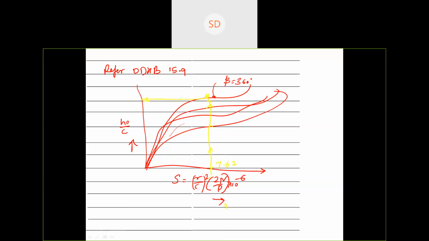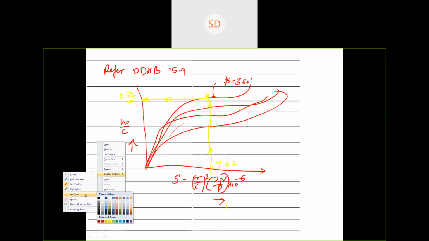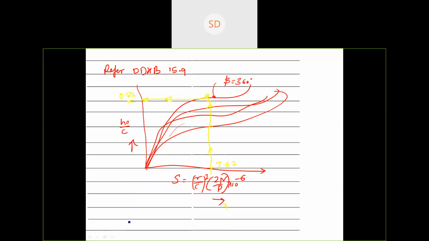Just take the value here. How much did you get? 0.82. Now this value is h naught by C. To calculate the value of h naught, h naught by C equals 0.82. Now to get the value of h naught, 0.82 into C.